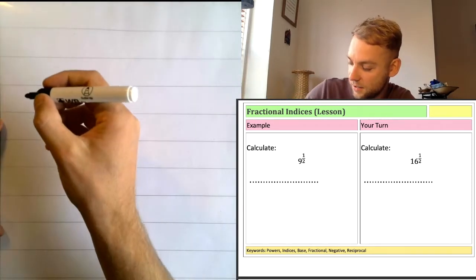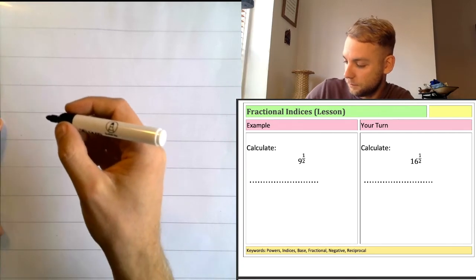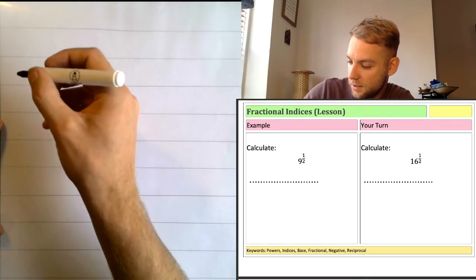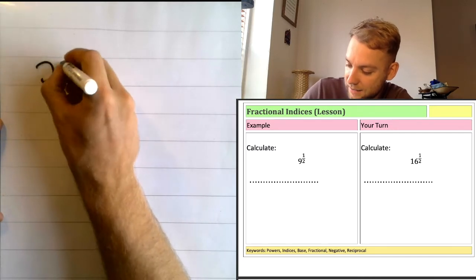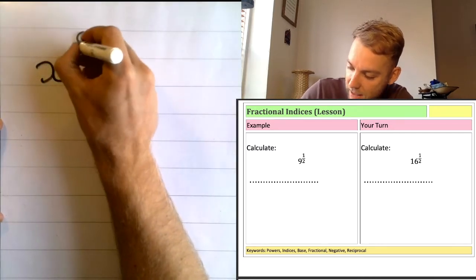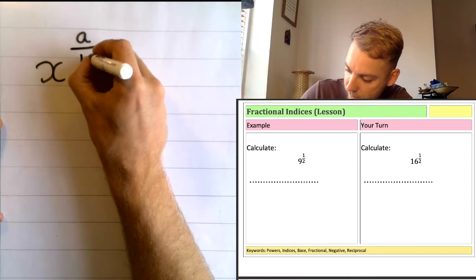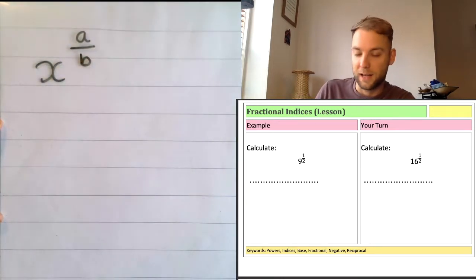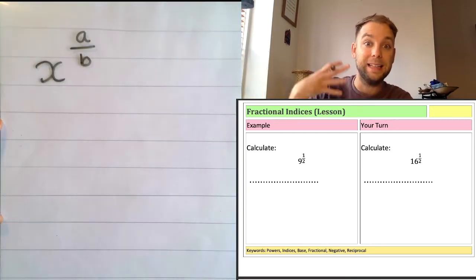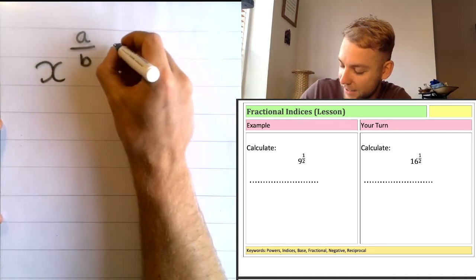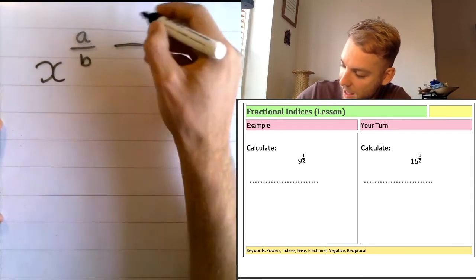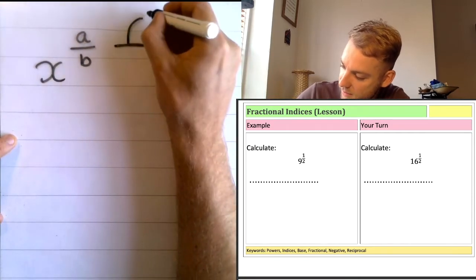So if I do, let's do x to the power of a over b. So x to the power of a over b. And you need to know what this a and b mean. And the way that I always draw it is I always draw next to it a flower like this.